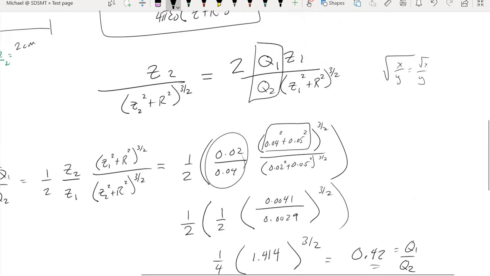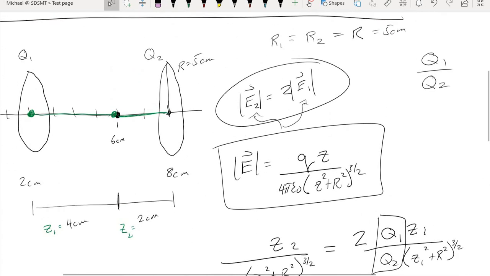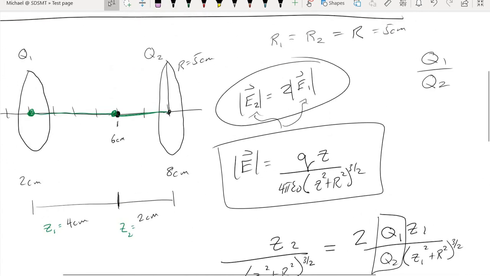And so what this means is that really I could put any charge that I want on charge 1 or charge 2.